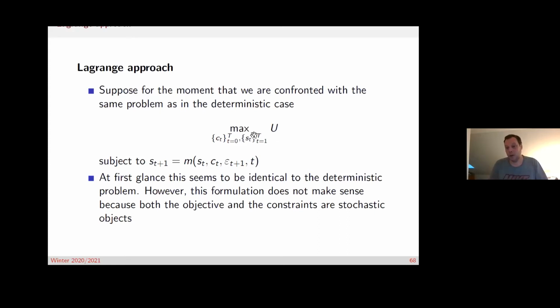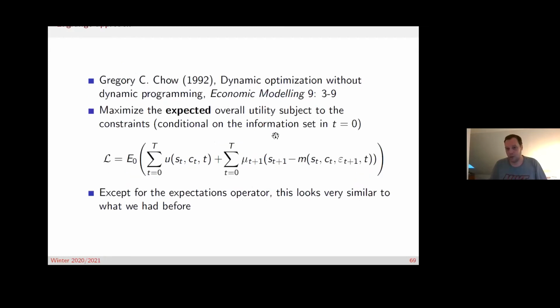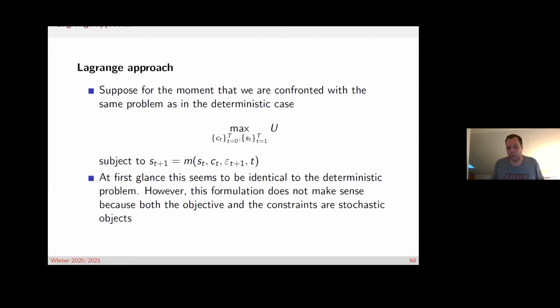And what we usually do, following the work of von Neumann-Morgenstern, is assume that we want to maximize the expected value of this utility. So we think of all the realizations that could happen. We attach a probability to any of those realizations.